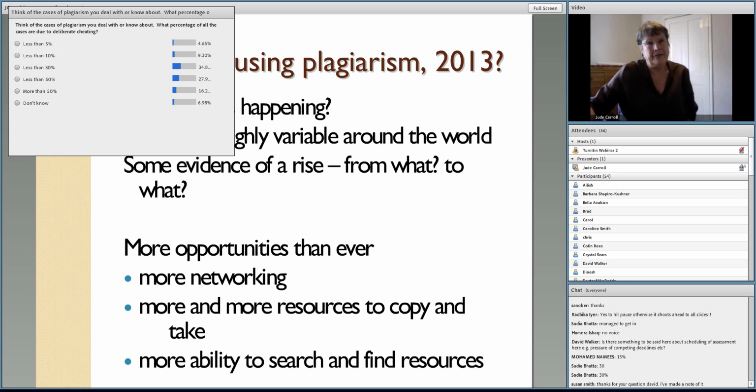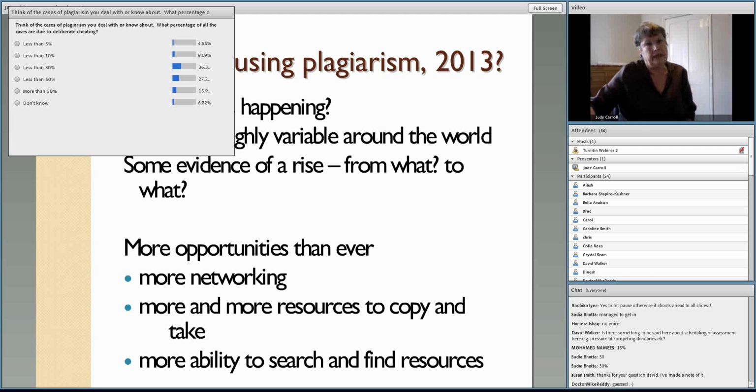You can see from the answers that most people put the numbers somewhere between under 50% and under 30%. So people are saying quite a significant number of their cases they think are deliberate cases where students have sought to deceive or to create a false impression or to get a benefit without doing the work.